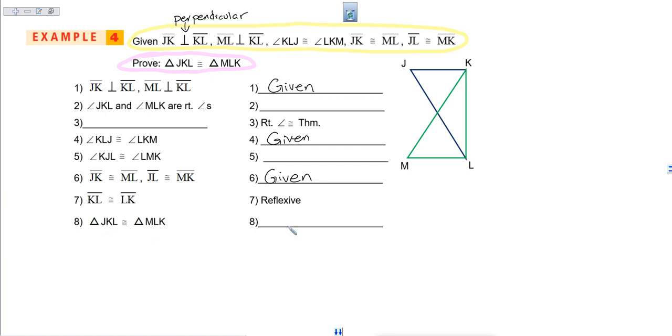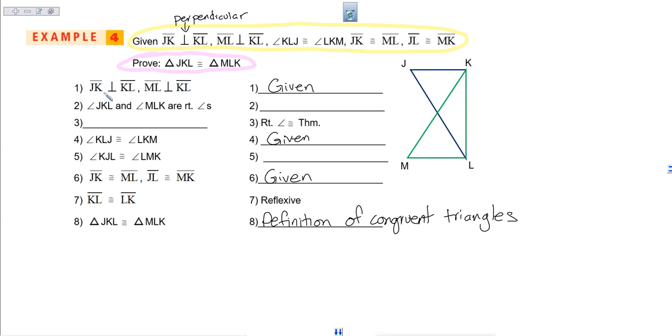Now, what did I say to write down for your last step? Definition of congruent triangles. So we have half of our proof filled in. Now, let's go back up and figure out the rest of it.